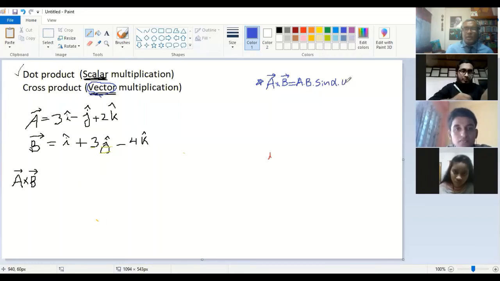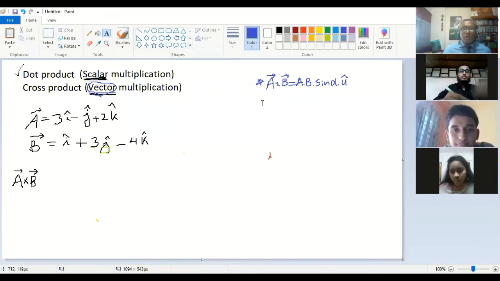Let me write it like u, and then a vector symbol. What does the vector symbol mean? Unit vector symbol. So I need to write down the meaning of alpha and u.